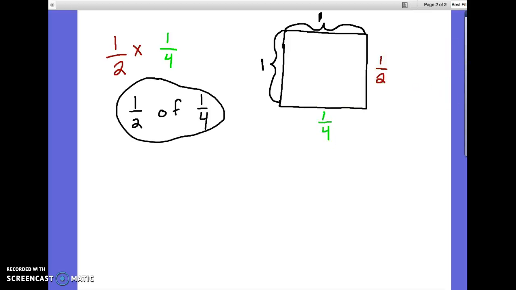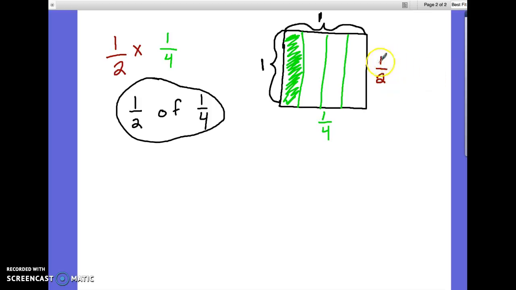What's different about this is that we are going to be splitting this up into what we have as our denominator. So I want to split this side, the length side, up into 4s. Now I don't want to show all 4 fourths. I only want to use one of those 4s. So I'm going to shade in that 1/4 right here.